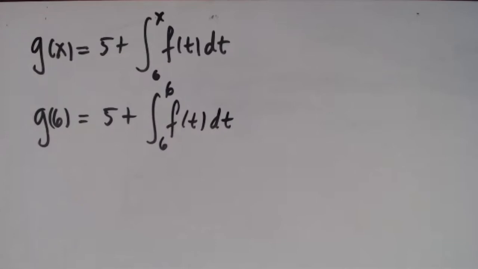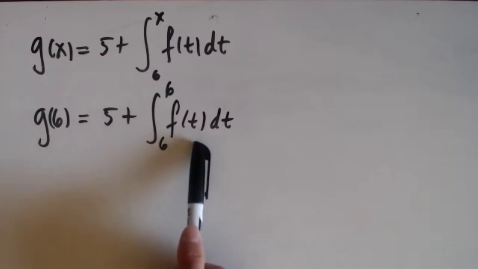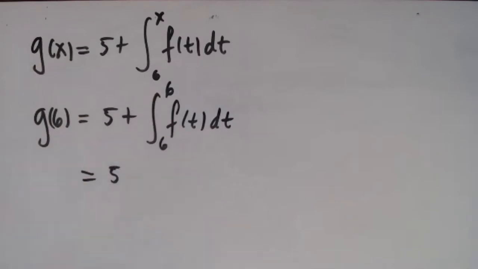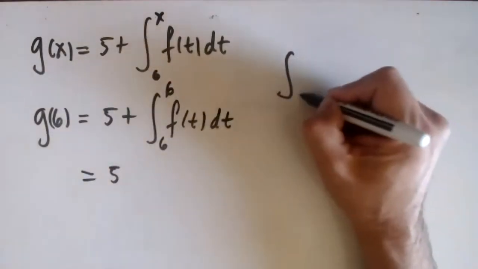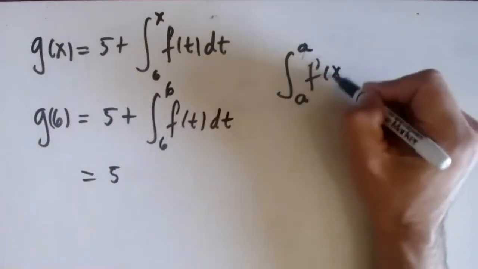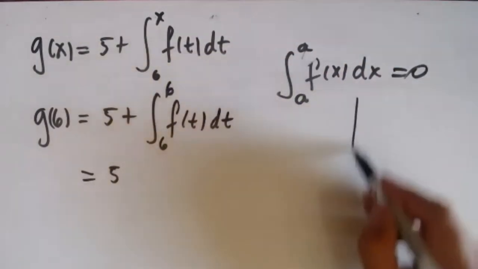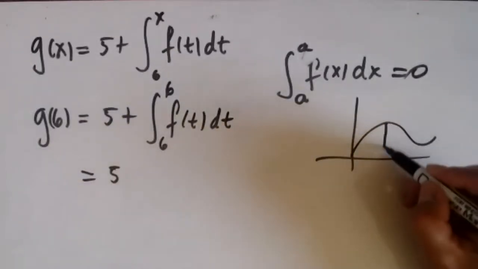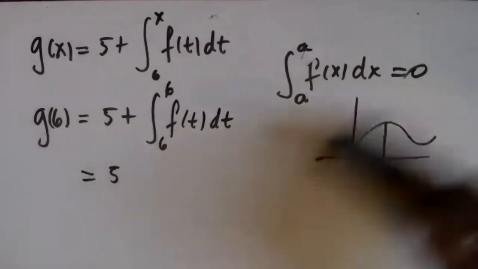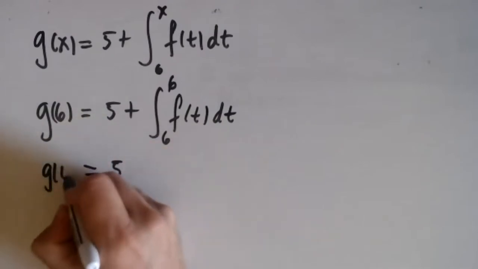Now, how much is this integral? 0, because this is a line. The integral from a to a, from a point to the same point, is 0, because a line has no area. The area of a line is 0, correct? So that's why this is 0. So 5 plus 0 is 5. So you have the first one: g of 6 is 5.